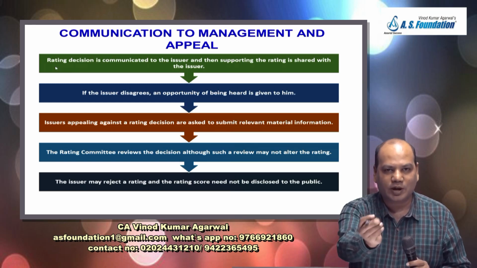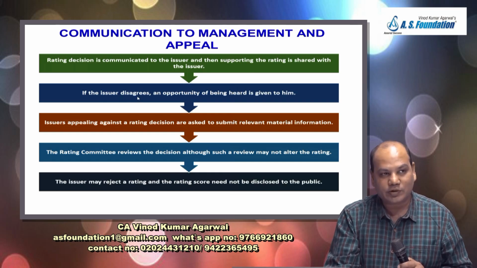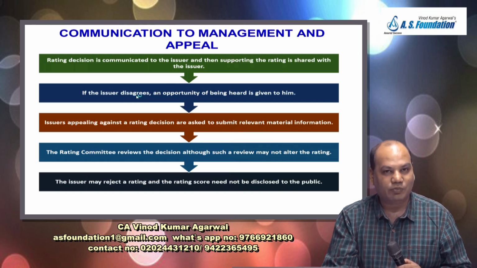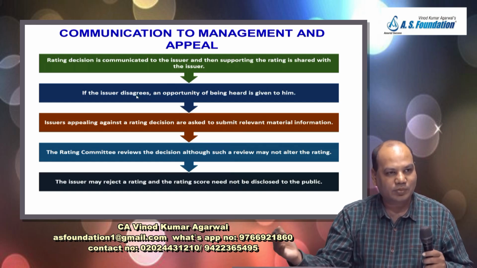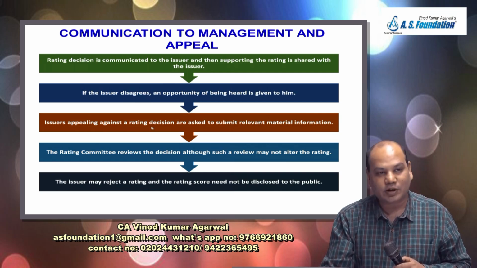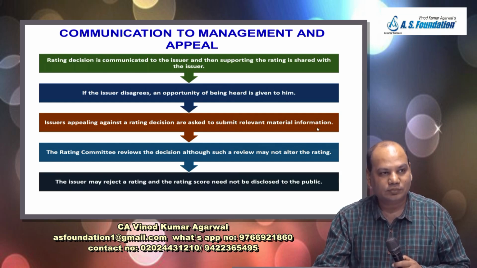So this you have done. Okay, so take my rating. This is to the management right now. Management will go through this. If the issuer agrees or disagrees, an opportunity of being heard is given to him. Suppose the company says, no, we do not agree with this AA, we want AAA. Come, meet, we'll discuss. Then issuer appealing against a rating decision are asked to submit relevant material information.